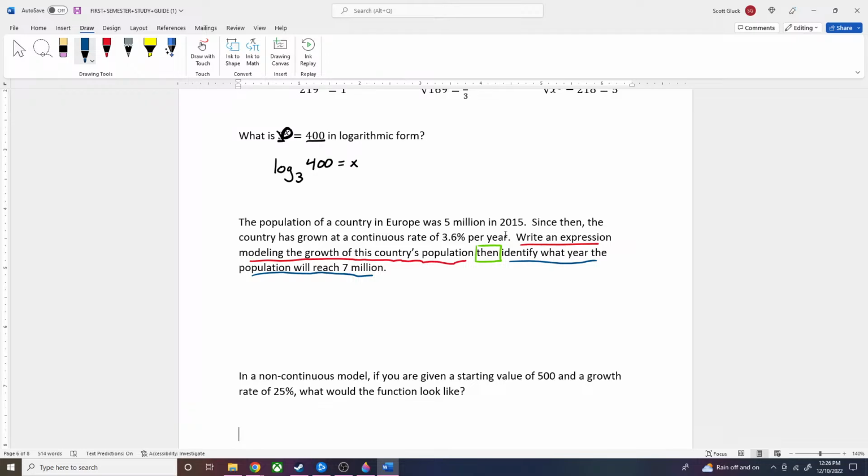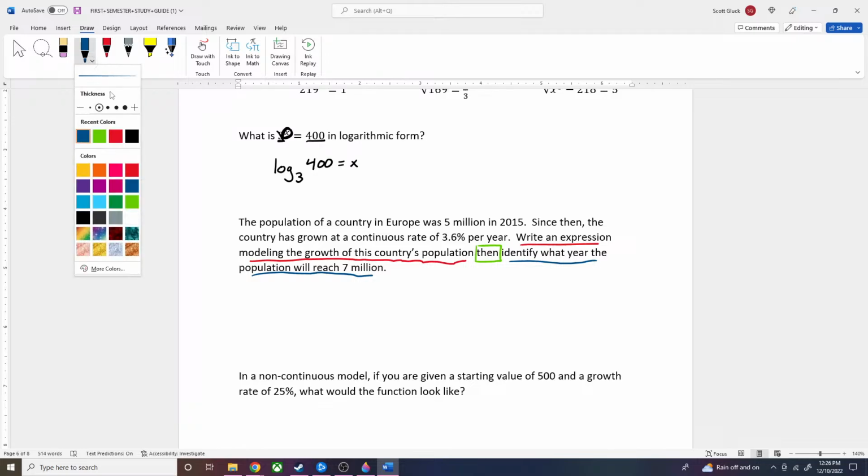So your key first step here, you have to do what is in red before you can do what is in blue. Let me say that again. You must do what is in red before you can do what is in blue. That's what that then tells you: if you don't set up this equation or this expression, you're not going to be able to do this blue. You have to set up the equation first.